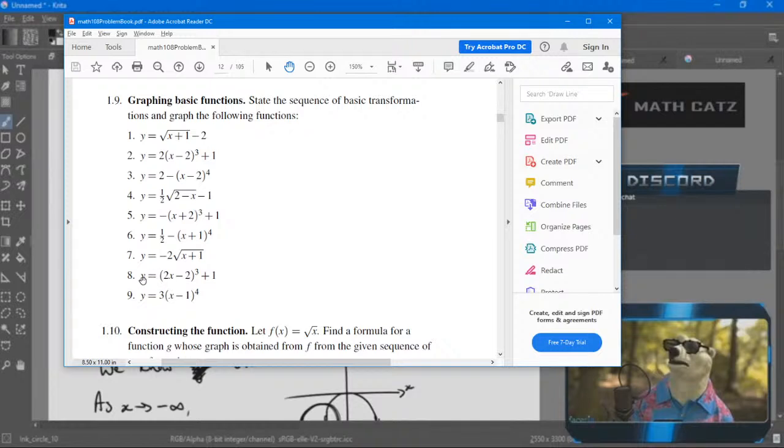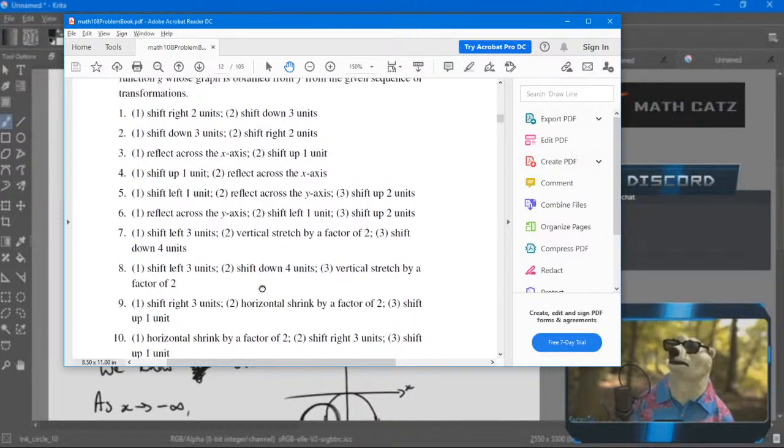Actually, when you do number 8, just ignore the 2 there. That's a typo. That shouldn't be there. Ignore the 2. We don't want numbers in front of our x's. That transformation I haven't discussed on purpose.